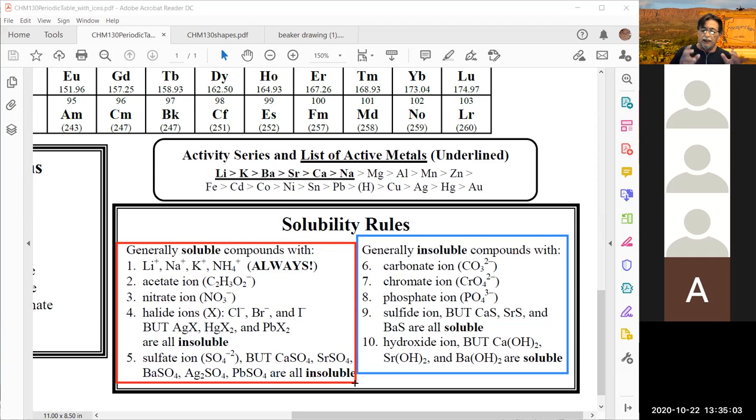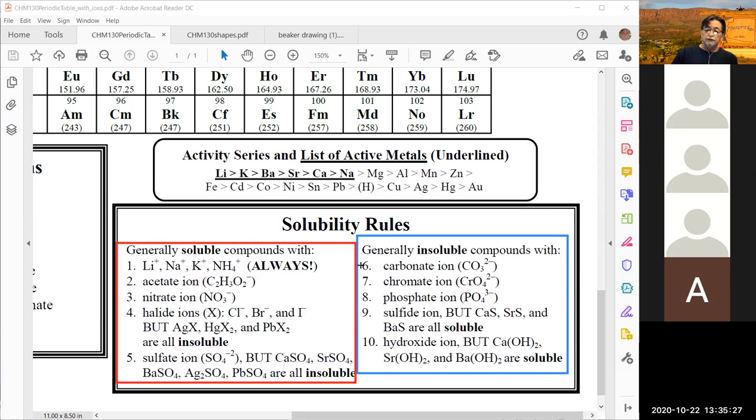Now, normally, any carbonate, any chromate, any phosphate, that's number 6, 7, and 8, okay? Normally, anything it is bonded to, any cation it's bonded to, it is insoluble, with the exception of only 4. And I think people forgot that.